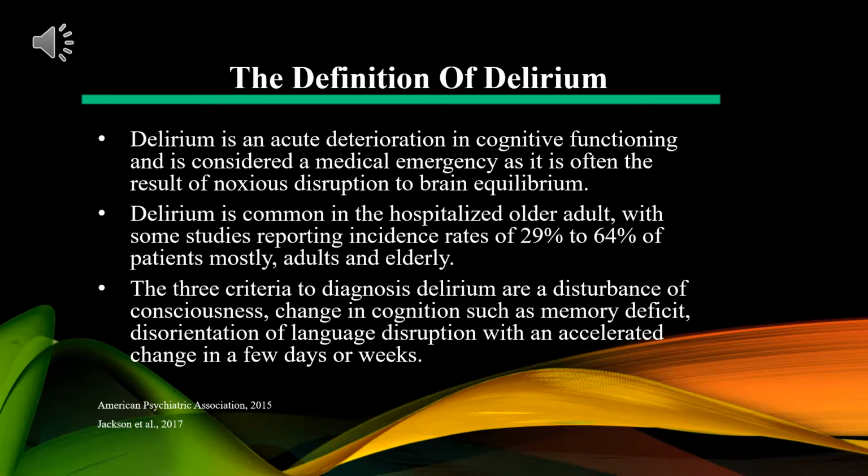There are three criteria for the diagnosis of delirium, and they are disturbances of consciousness, change in cognition such as memory deficit, disorientation or language disruption, with an accelerated change in a few days or weeks.